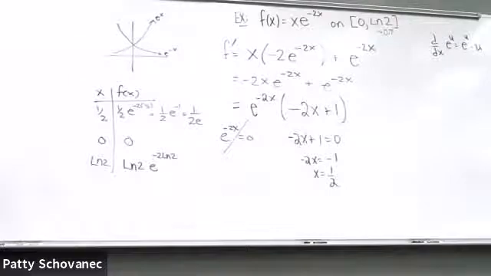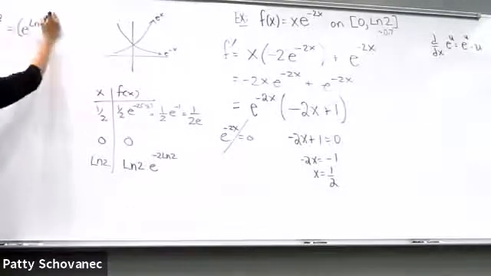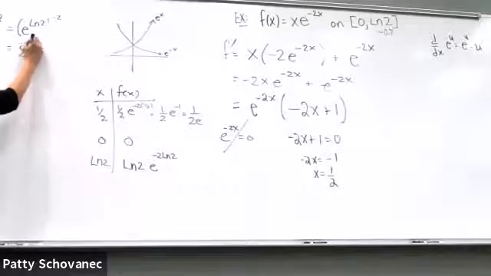All right, let's figure that out. When you raise a power to a power, you multiply exponents. And what's e to the natural log of 2? 2. So this is 2 to the negative 2. What's 2 to the negative 2? 1/4.